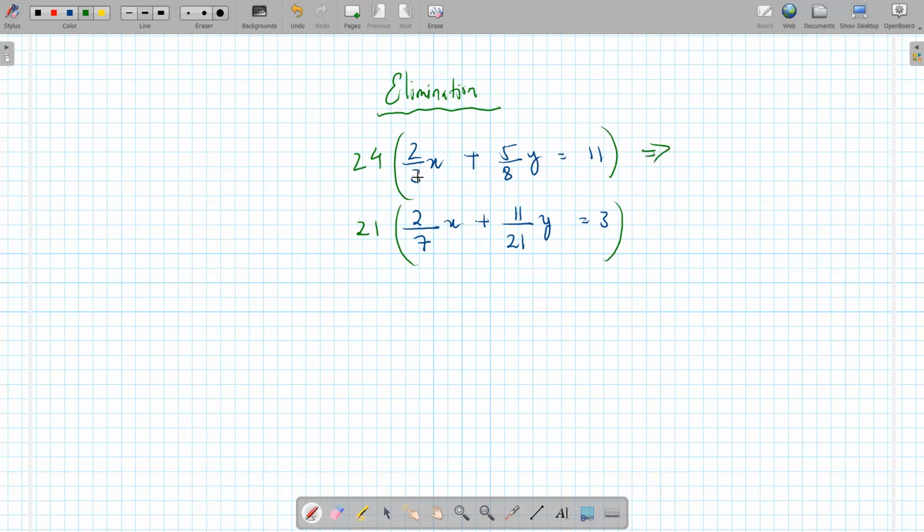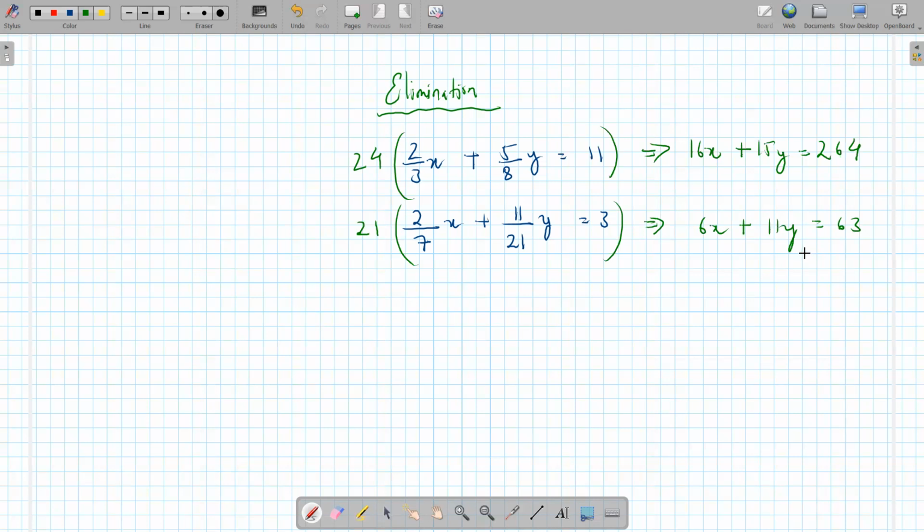So this becomes, 3 goes into 24 8 times, 16x. 8 goes into 24 3 times, so this becomes 15y equals 264. And the bottom equation becomes 6x plus 11y equals, what is it, 63.